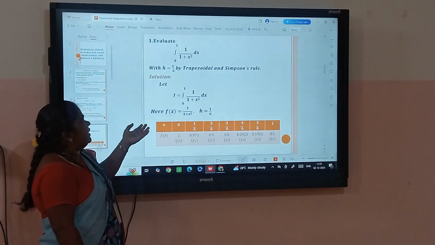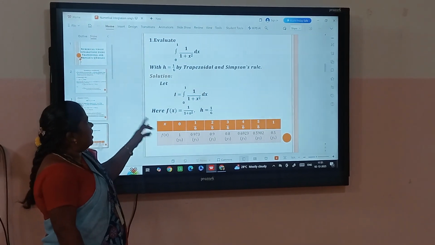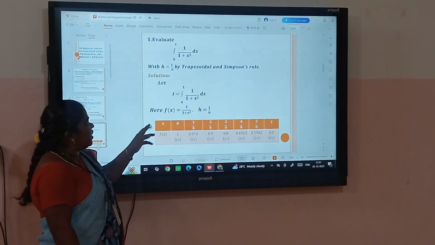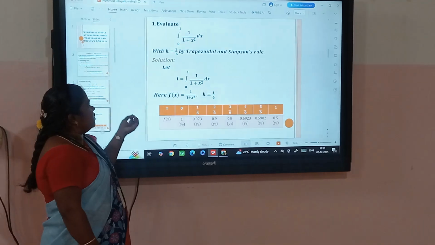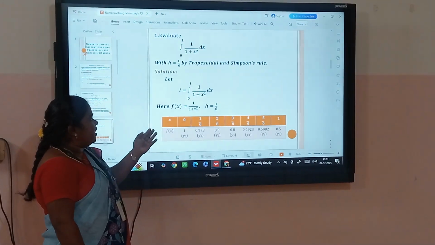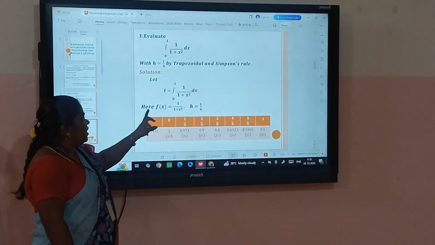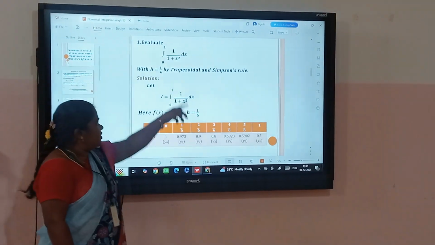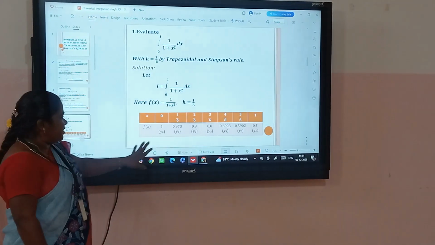First one: integral 0 to 1, 1 by 1 plus x square dx with h equal to 1 by 6, using trapezoidal and Simpson's one-third rule. Solution. I equal to integral 0 to 1, 1 by 1 plus x square dx. Here f of x equal to 1 by 1 plus x square and h equal to 1 by 6.